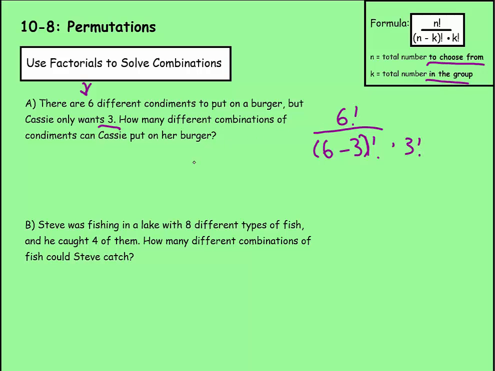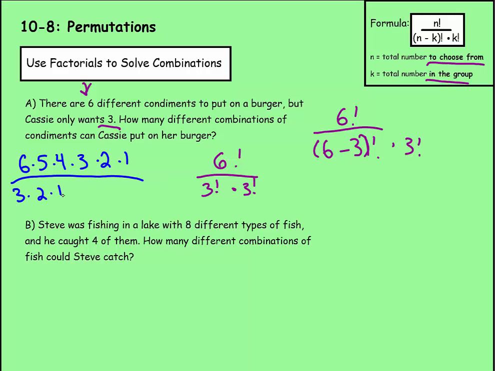So if we're going to write this out here, we have the factorial of 6 over 6 minus 3 is 3, so the factorial of 3 times the factorial of 3. Let's actually write that out. We have 6 times 5 times 4 times 3 times 2 times 1 over 3 times 2 times 1, which would be our first factorial, times 3 times 2 times 1 again.